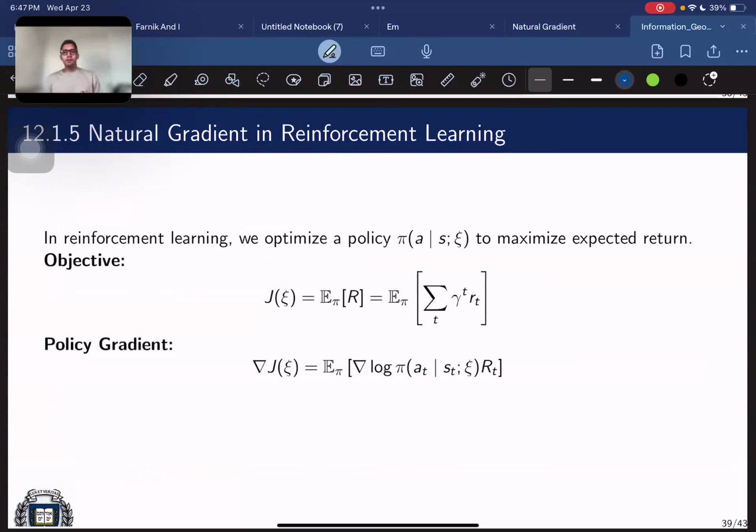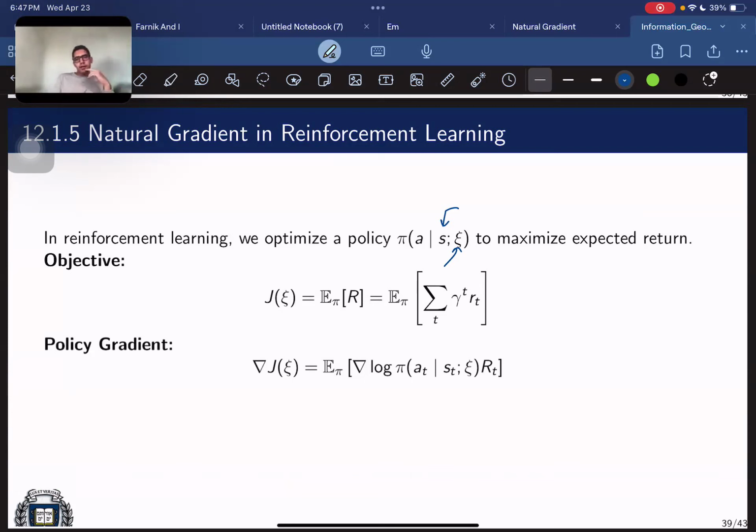A lot of this specific part is just for those who are interested and are familiar with reinforcement learning. Consider you are in an MDP. You take action A at the state S, and that thing is parameterized. And of course, it is stochastic.